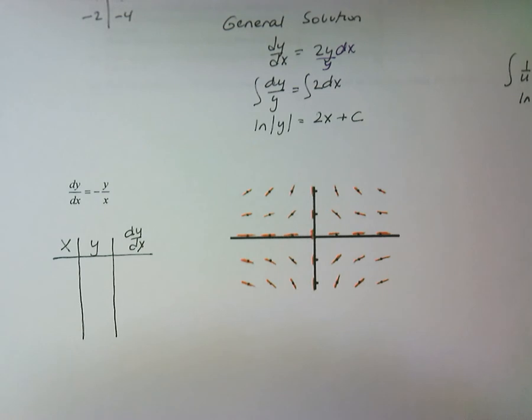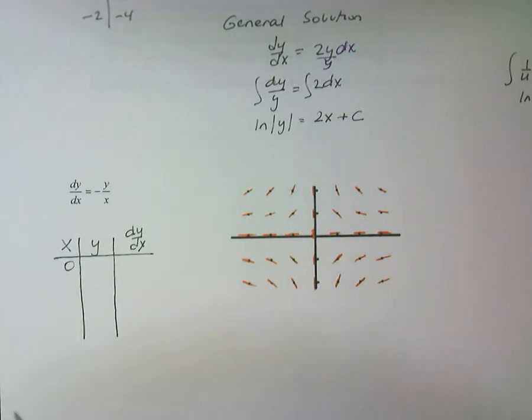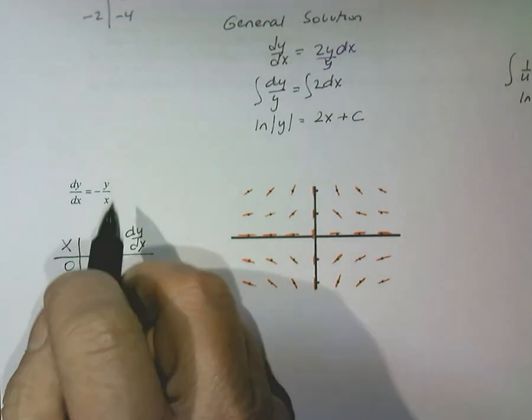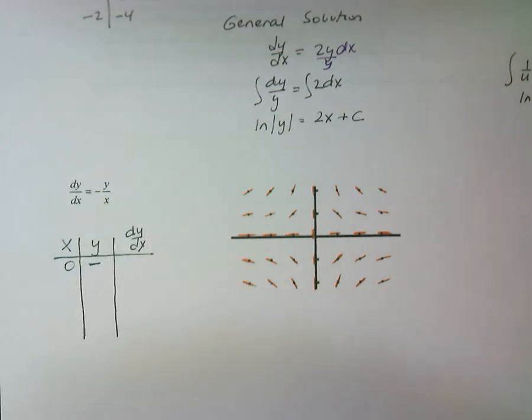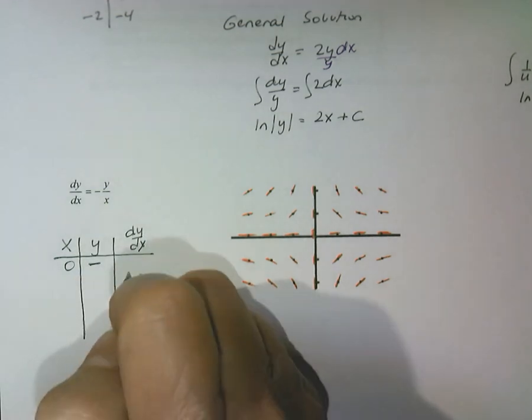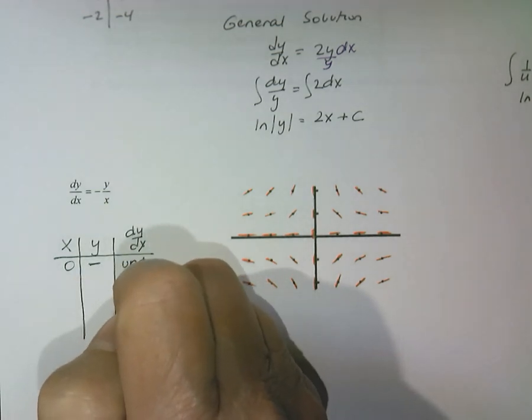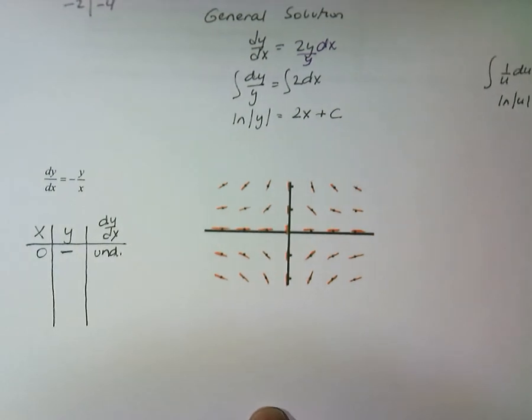So there's patterns, and if you recognize patterns, it makes it a lot easier. If I put a 0 for x, it doesn't matter what y is because I'm going to have a 0 in the denominator, and dy/dx is undefined. So that means I have a vertical tangent line.